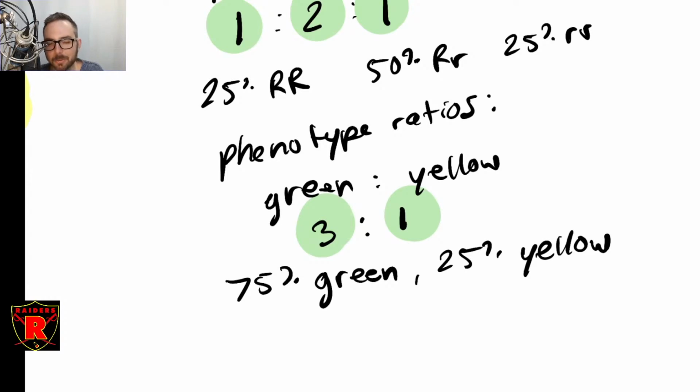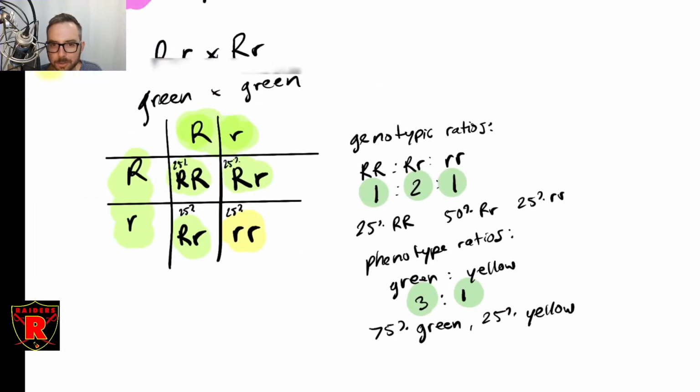He did this with a whole bunch of different traits, and he got the exact same result every time: when you take the first filial generation, 3 out of 4 pea plants are going to show the dominant, and 1 out of 4 are going to show the recessive. It's almost exactly 1 out of 4, which is really cool. And obviously, the higher number that you do, the more likely you are to see that. And he did it with thousands.